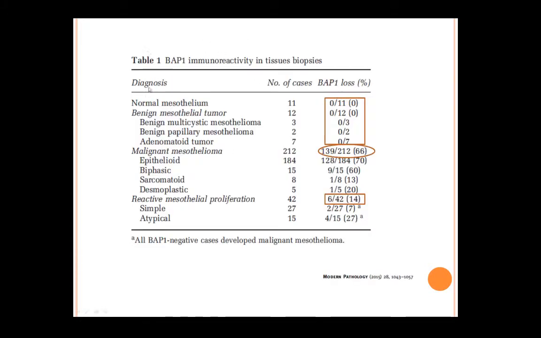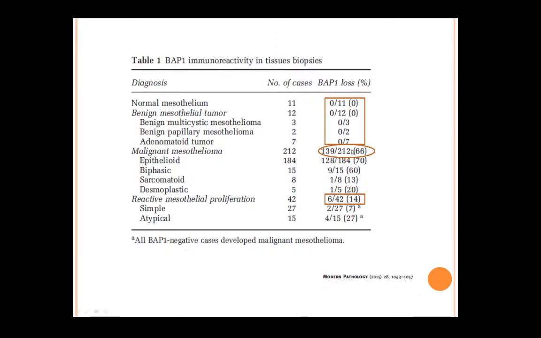And the results of the study showed that in none of the normal or benign mesothelial cells did we have BAP1 loss. In all of them, we had expression of BAP1, and all of them were negative for BAP1 loss.